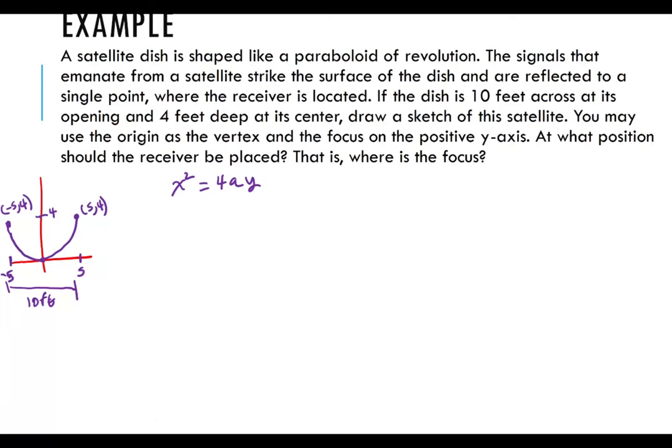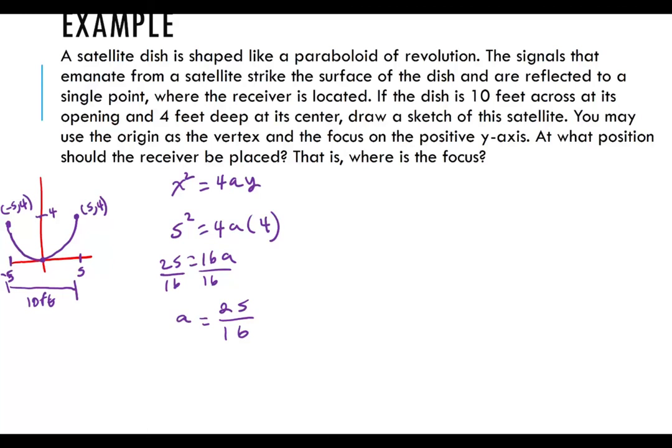I'm just going to plug in 5, 4 first, so this is going to be 5 squared is equal to 4 times a times 4. Well, 4 times 4 is 16, so 25 is equal to 16 times a. So we can divide by 16, divide by 16, and so a is going to be 25 sixteenths.